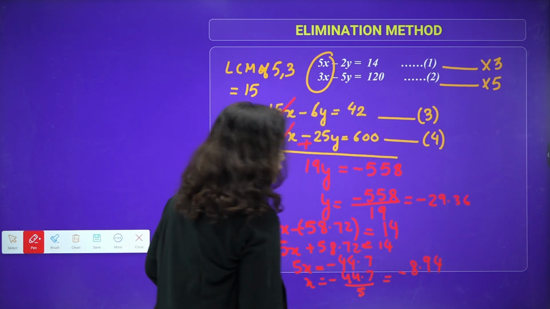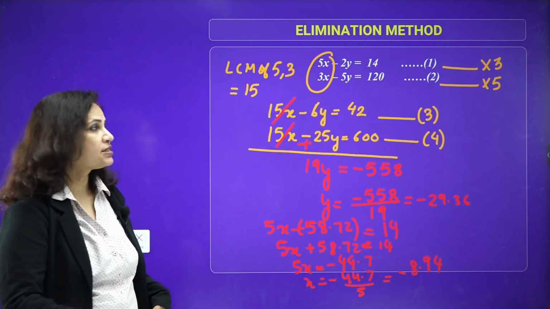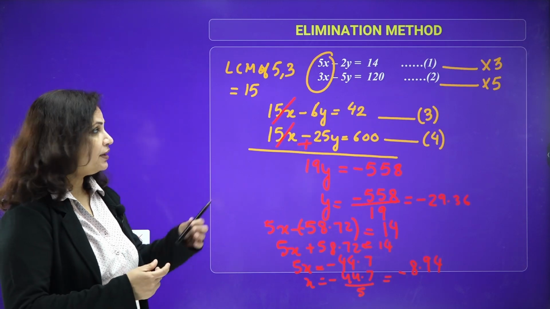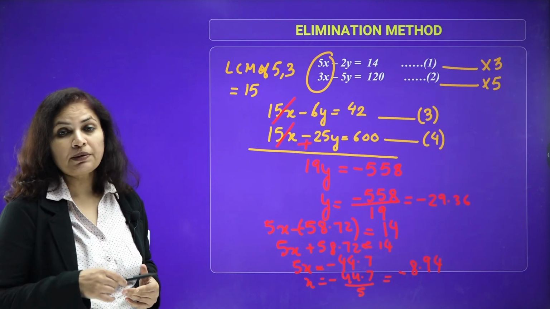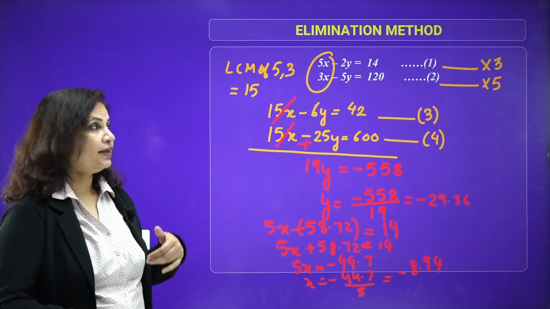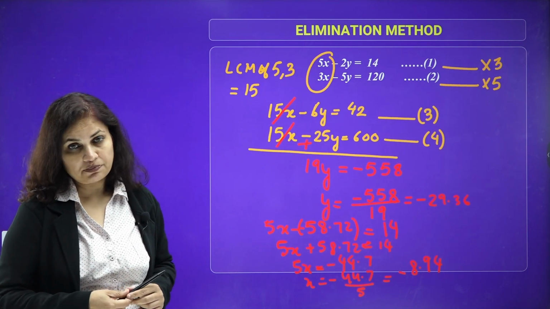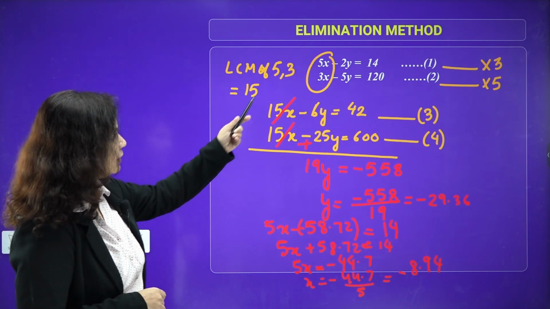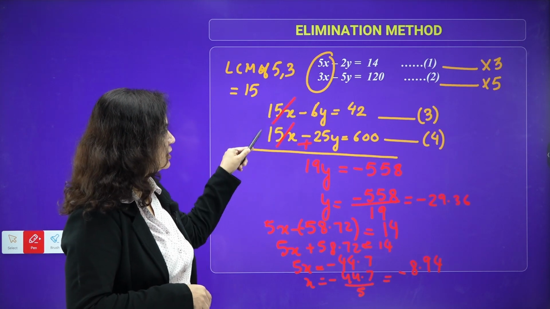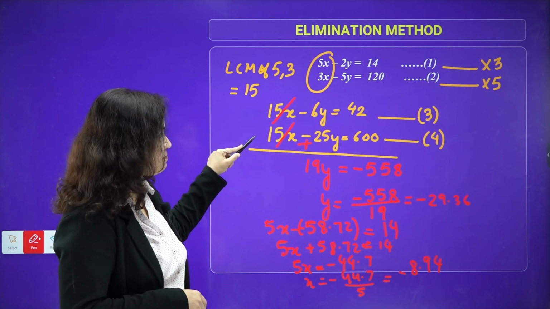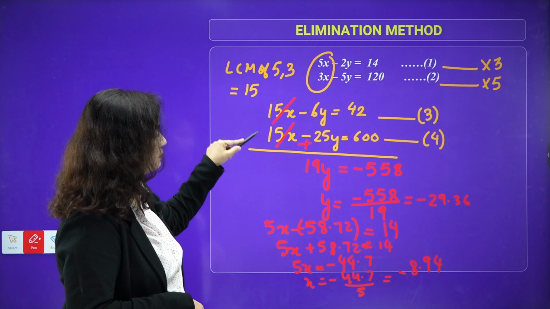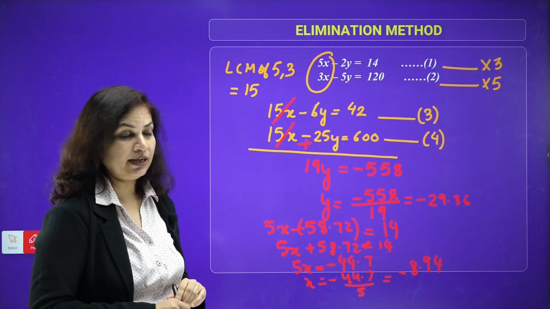So this is the elimination method, where we eliminate one of the variables by making the coefficients equal, and then we resort to either addition or subtraction. One important point: if the variables with equal coefficients have the same sign, we will subtract. If they have different signs, addition helps.